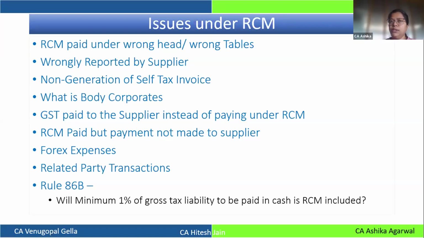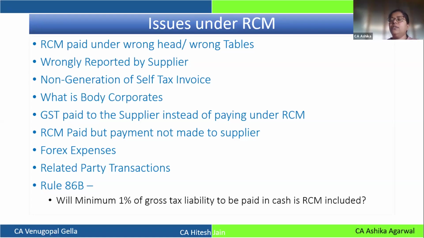So what you can do is, what you have paid in the month of April wrongly under IGST, you can use the same in the month of May by not showing RCM liability to the extent of IGST already paid, and you pay CGST and SGST, which you didn't pay in the month of April. One scenario.